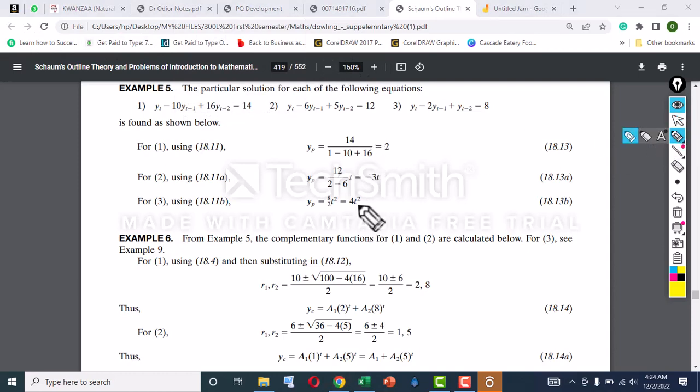So our complementary function yc is actually a1 r1 raised to power t plus a2 r2 raised to power t.